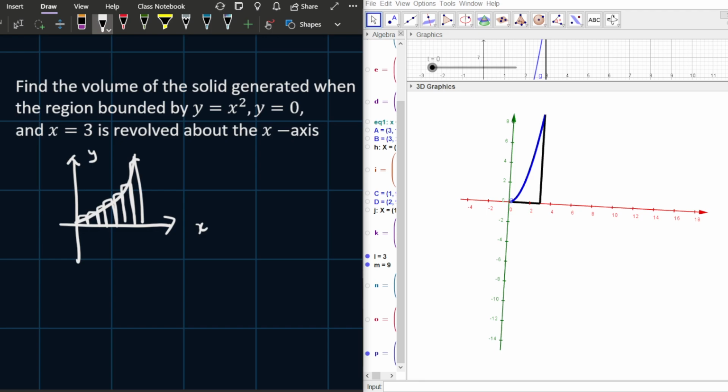Okay, so the region, or the solid of revolution, would actually look like this. Now I have here GeoGebra, which will help me illustrate how the solid of revolution will look like. Okay, the solid of revolution will look like this.